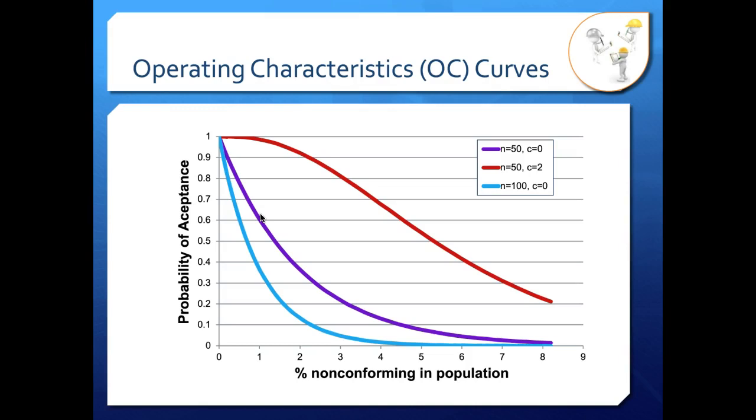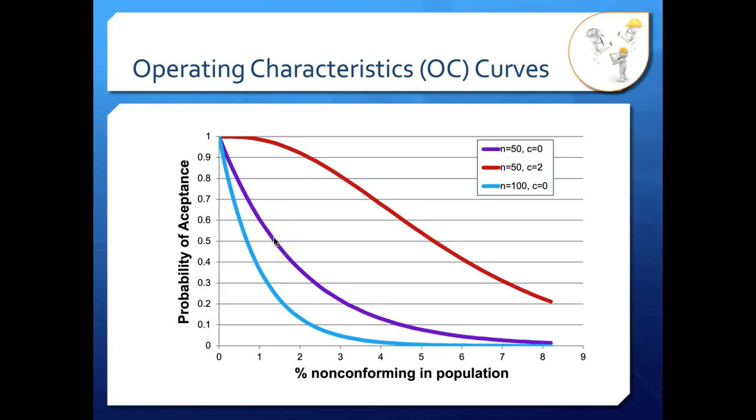And if we have a sample size of 50, we may pick up a sample that has a defective unit in it. So that drops our probability of acceptance down to about 65%. So that means that the odds of accepting the lot in a randomly chosen sample with that particular plan are about 65%.